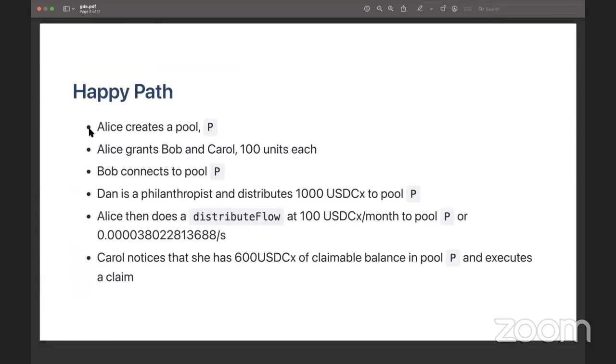So someone creates a pool, as the admin themselves. Let's say Alice creates a pool where she is the admin. She can grant units to the different members that she wants to add. And then these members can choose to connect, disconnect, connect, disconnect as many times as they want. Anyone can come in and do a distribution, either distribute or distribute flow.